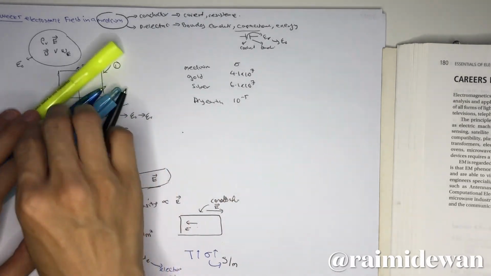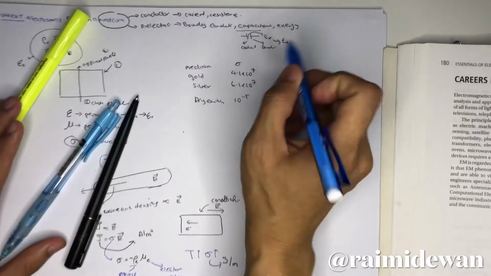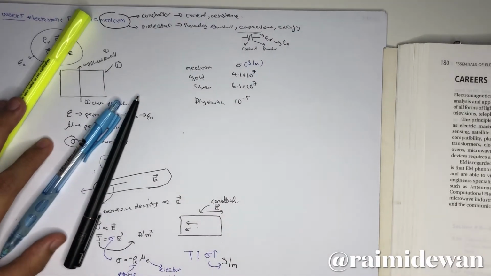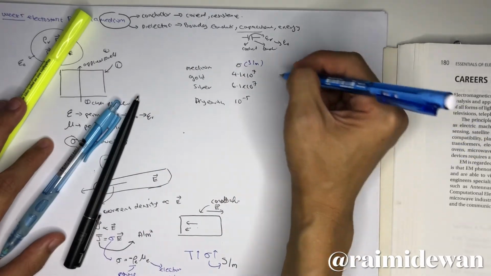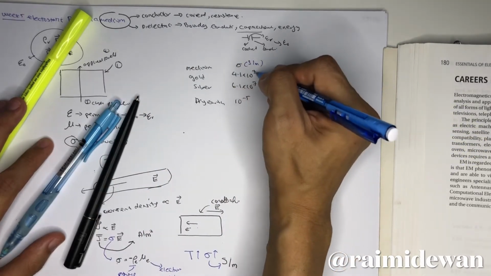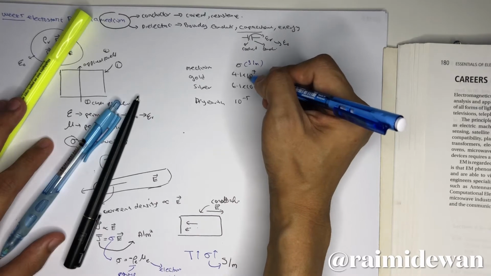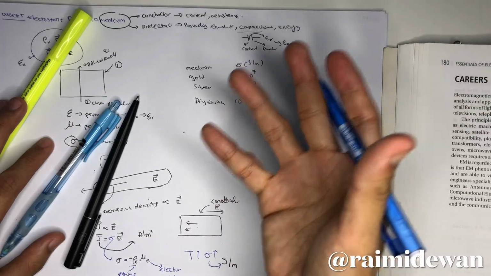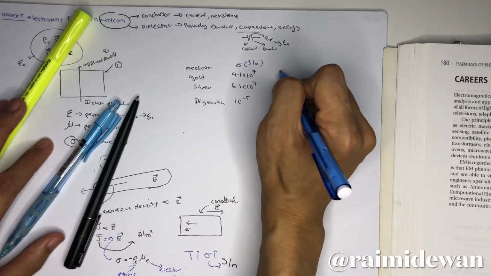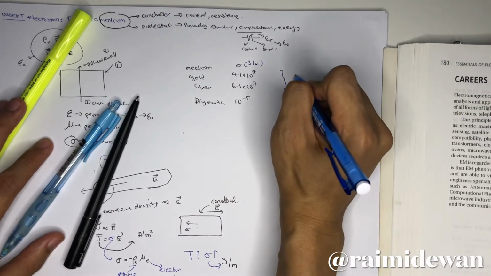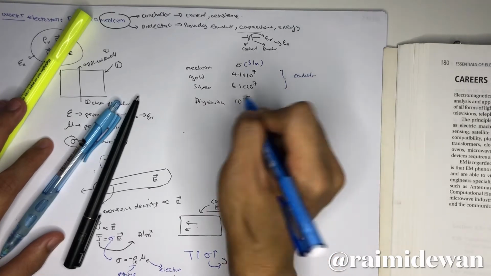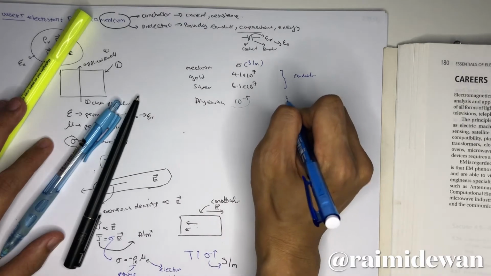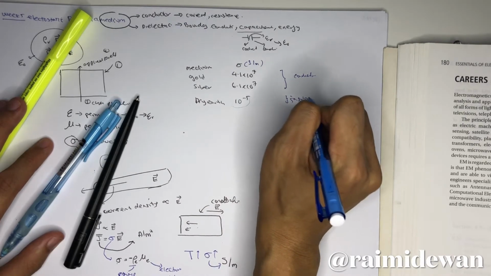This is in the unit of Siemens per meter. The one with higher conductivity will conduct electricity more efficiently, of course, so this one is considered a conductor. And this one, the conductivity is very poor, so this one is actually an insulator.